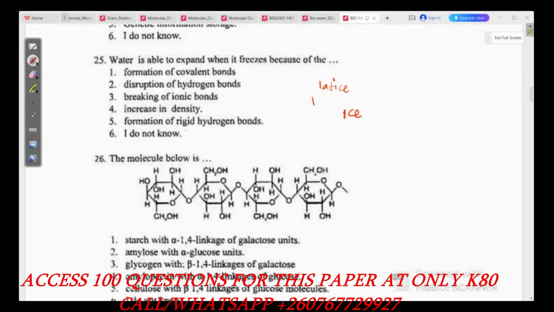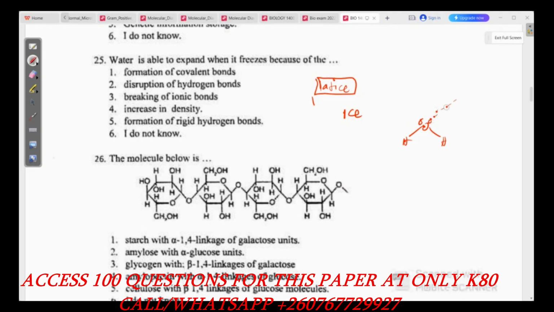The formation of rigid hydrogen bonds. So the water is able to expand when it freezes because of the formation of rigid hydrogen bonds. These rigid hydrogen bonds are the ones which are going to result in the formation of the lattice. How is it? We know that each water molecule can be linked to a maximum of 4.